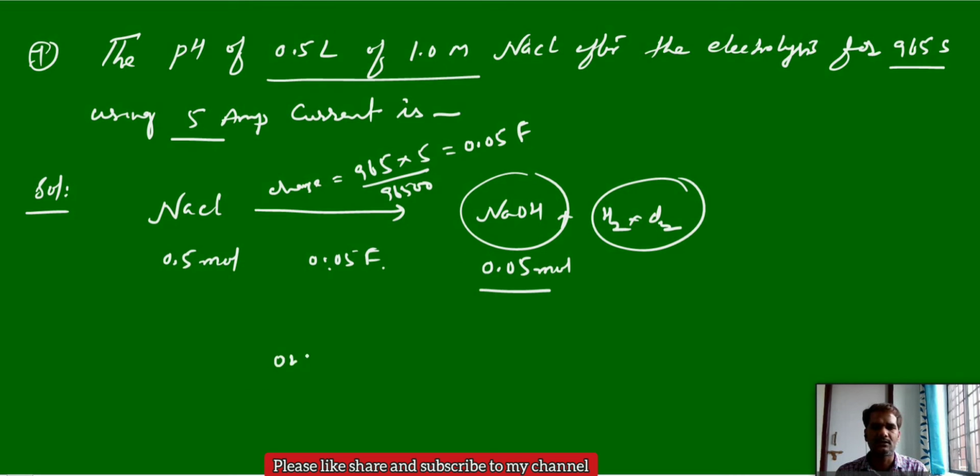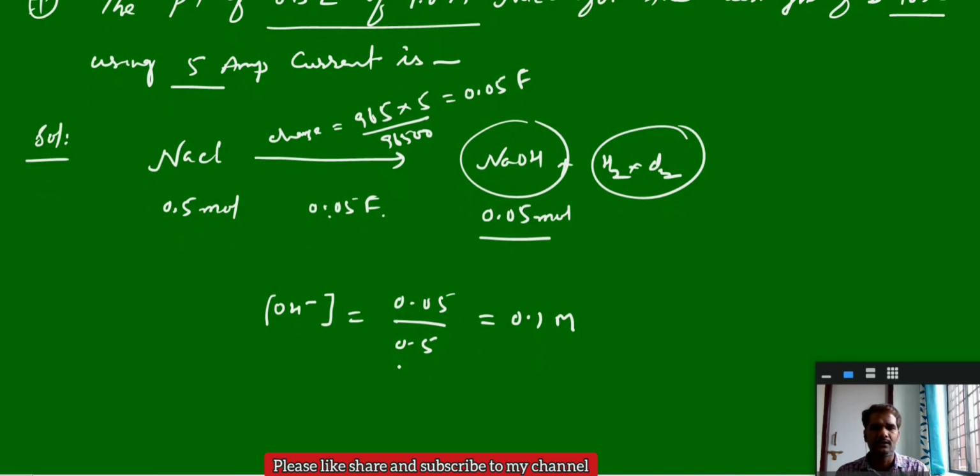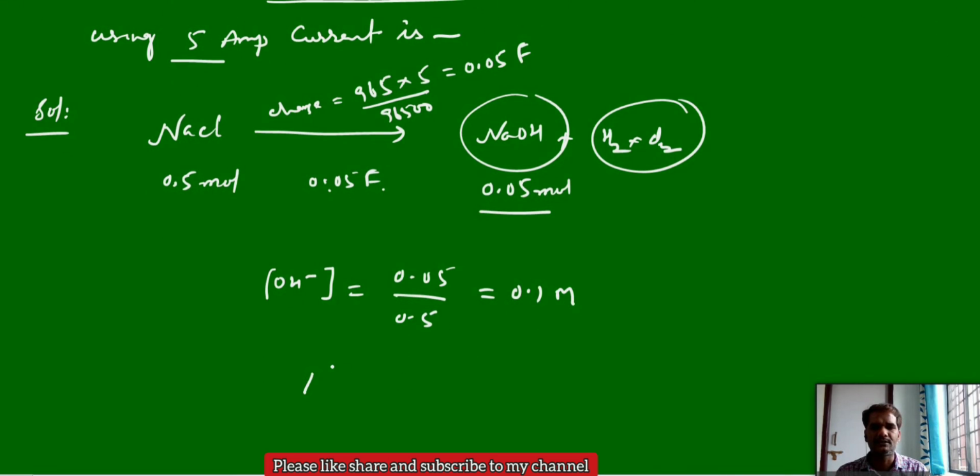So concentration of OH minus is moles by volume, 0.05 by 0.5, that gives 0.1 molar. If it is 0.1 molar, what is the pOH? This is 10 power minus 1, so pOH is 1. If pOH is 1, pH equals 13. That's it.